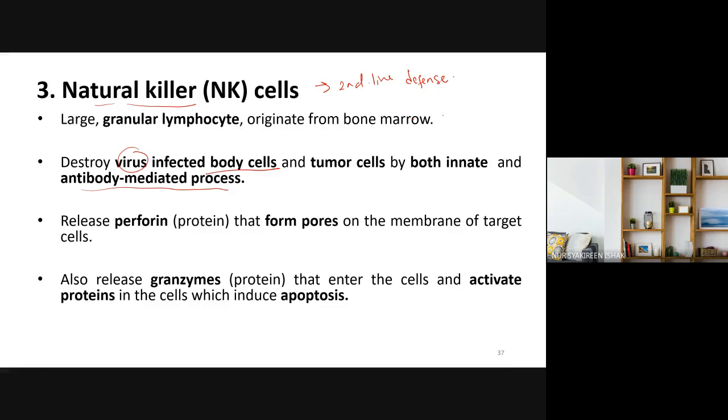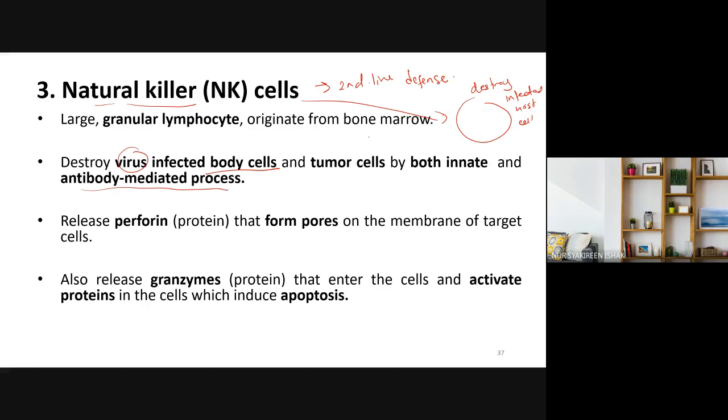Okay, sebab apa dia melibatkan antibody mediated processes? Because once the NK ni dia destroy infected host cell. Okay, so they destroy.